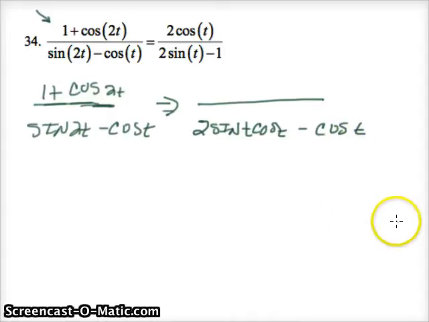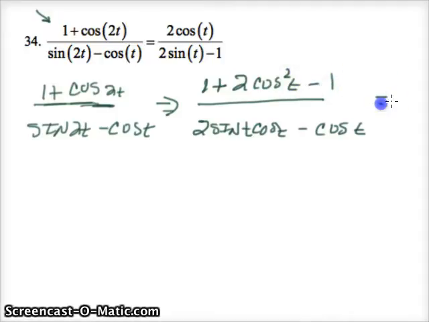On the top, I'm left with cosine. So I wonder if I could use the double angle for cosine, the cosine one, which is 2 cosine squared minus 1. All right, now let's play with that for a second.